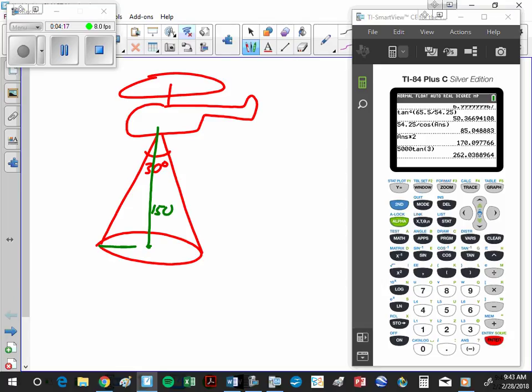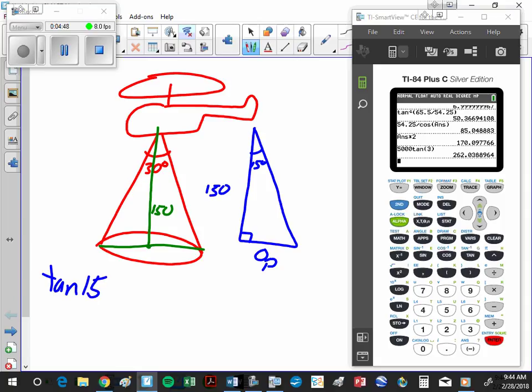We want to know how big this is. How would we do that? Well, we always need a right triangle. So here is the right triangle, and I'm going to move it over. What do I know about that triangle? This is 15 degrees, and the height is 150, and I want to find the opposite side, tangent.